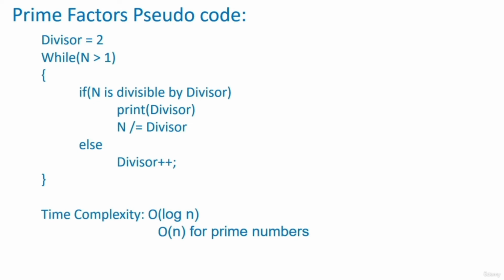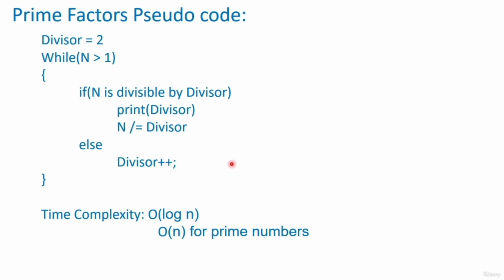So here is the pseudocode. We will initialize a variable divisor which is of integer type. We will initialize it with 2 and we will run a while loop in which we will say, till the given number is greater than 1, if that number is divisible by the divisor, then we will print the divisor value and we will divide the number by the divisor value itself.